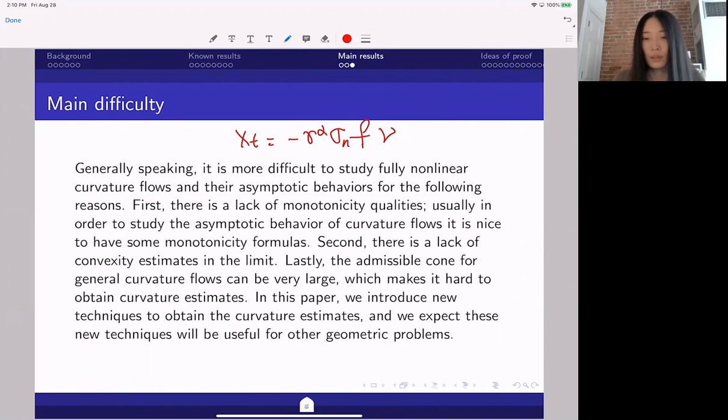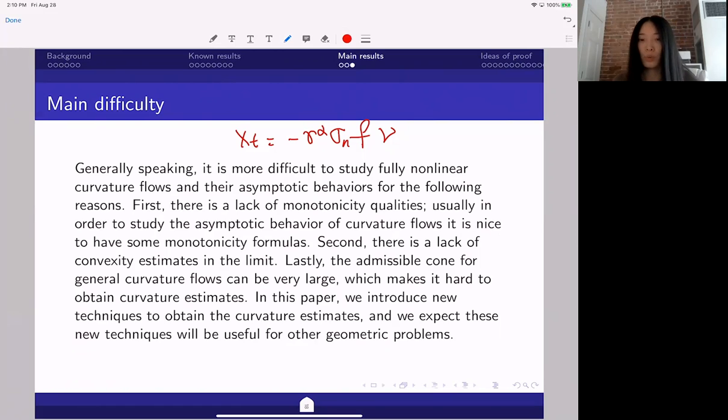Second, there is a lack of convexity estimate in the limit. If the hypersurface is convex, then in general it's easier to get the curvature estimate. However, if we start from a non-convex hypersurface, we don't know in general, for general fully nonlinear curvature flow, if around the singularity it's going to become convex.